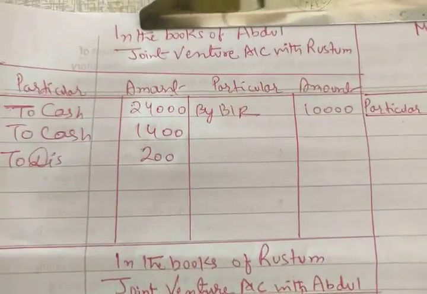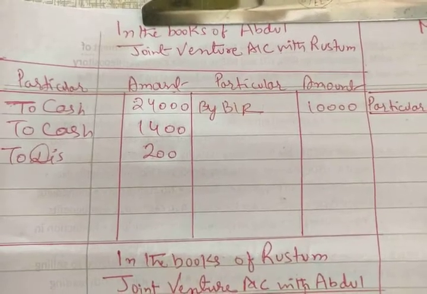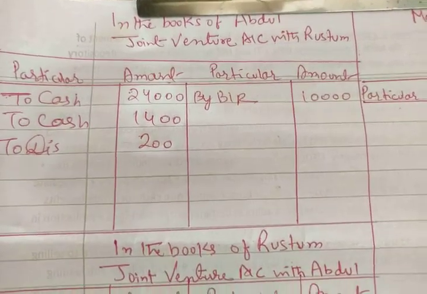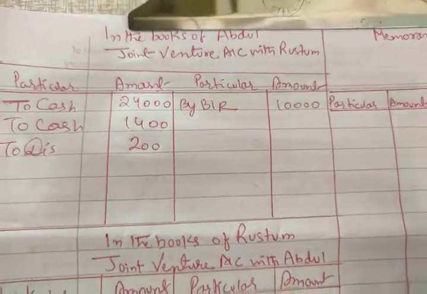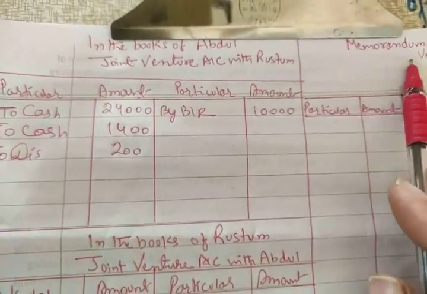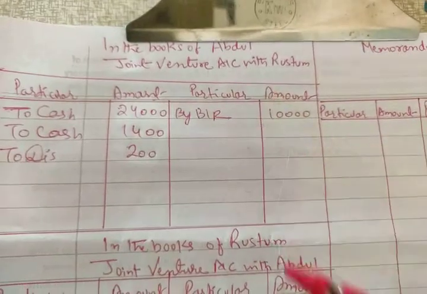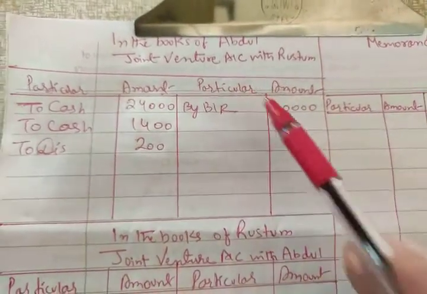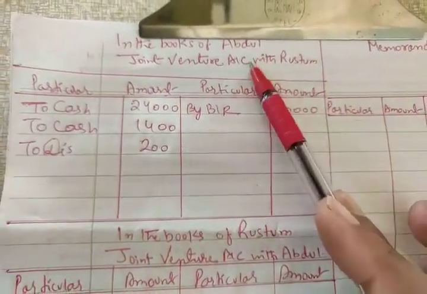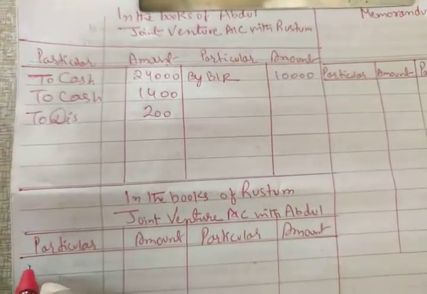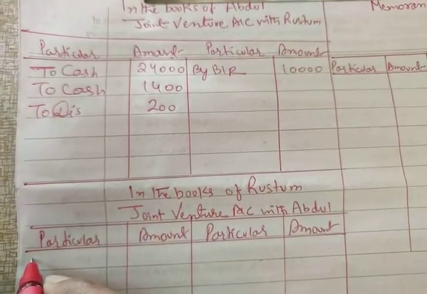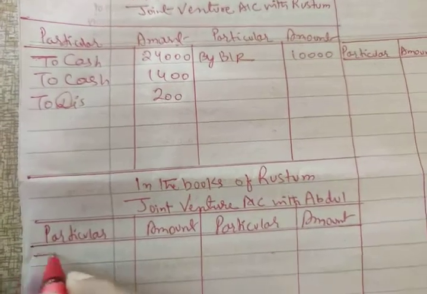Then we have further information on receipt of goods: Rustam paid rupees 250. Now these are details about Rustam, and I hope you remember that under the memorandum method, in the books of each venturer they do the entry of those transactions which are related to them only, not the co-venturers. So Rustam is incurring an expense, that means we have to do the entry in the books of Rustam.